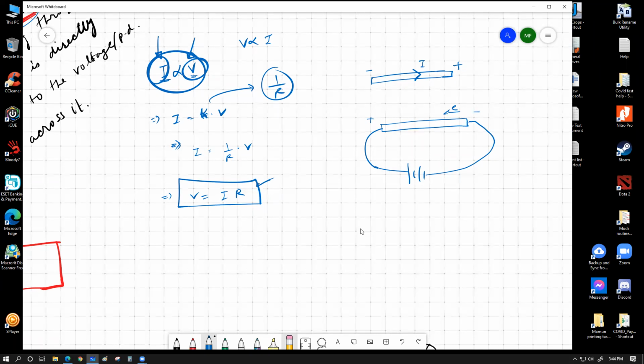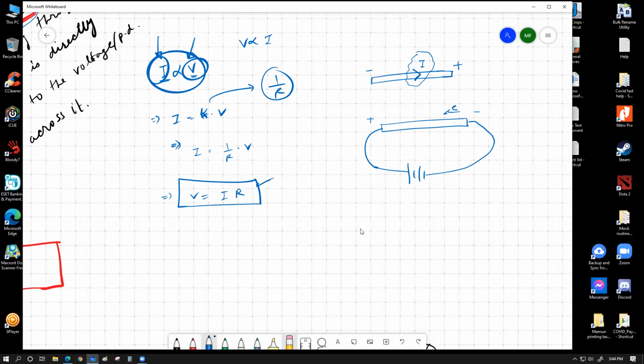So what I need you to understand is that naturally current flow does not produce voltage difference. It's the other way around. Whenever a voltage difference is applied across the conductor, current flow happens to balance out that voltage difference, to make that voltage difference zero. That's the whole idea.